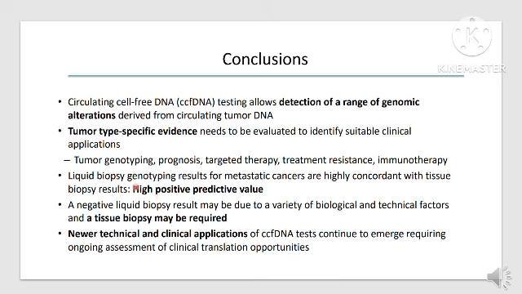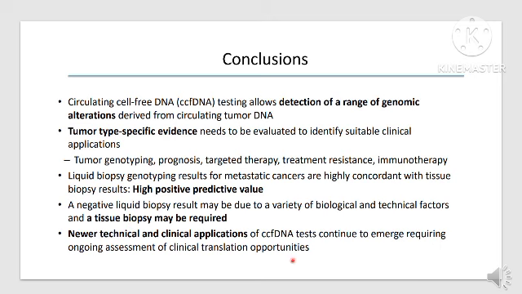So you can start doing liquid biopsy genotyping in your lab. A negative liquid biopsy result may be due to a variety of biological and technical factors as we have seen before. So in that scenario, you can request a tissue biopsy to confirm your true negativity or to rule out a false negative result.